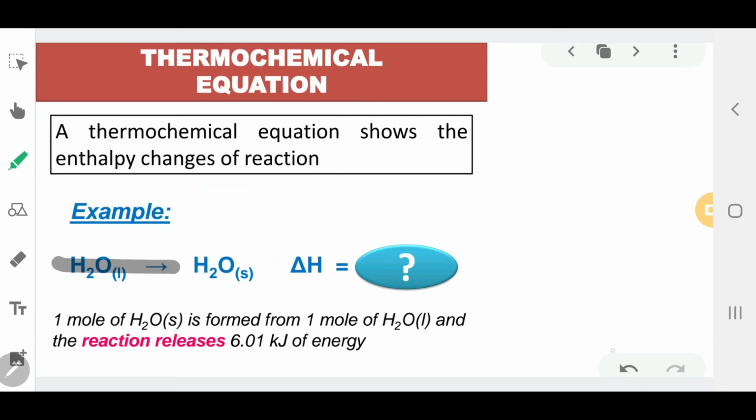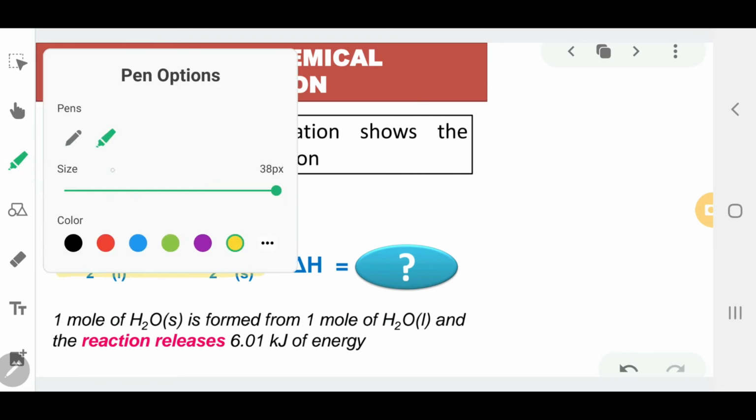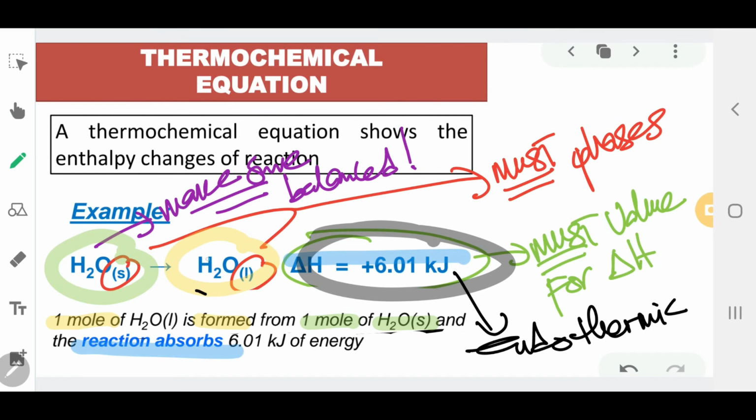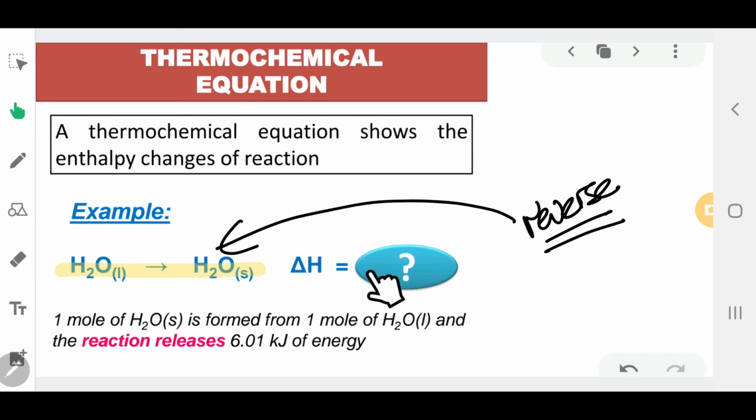what we have here is a reverse reaction. This is being reversed from what we have over here. So what happened to the delta H?